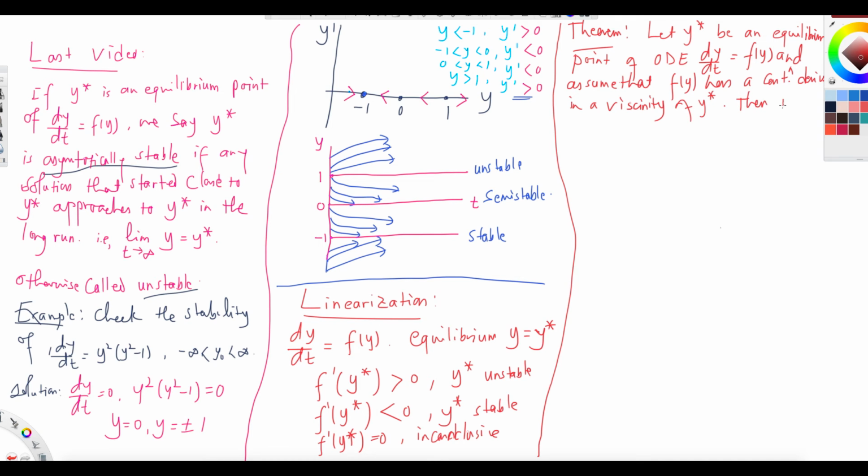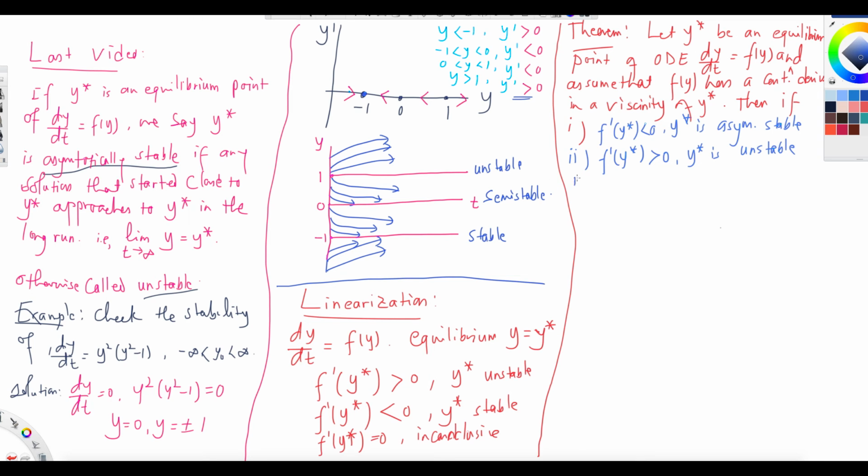Then, number one, if f prime of y star is negative, then y star is asymptotically stable. Number two, if f prime of y star is positive, then y star is unstable.